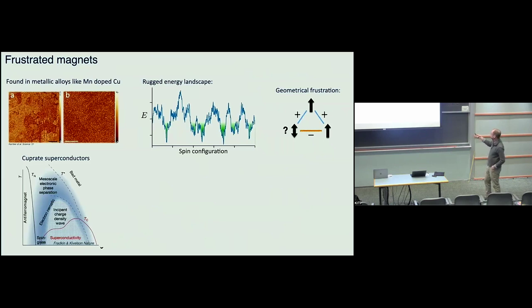If you put up here, then you decide to put up here, this is happy, but then you don't know what to do with this vertex, because with respect to here, you'd also want to be up, but then that makes this linkage not happy. So what that means is that you get a proliferation of degenerate states where up or down is equally good, and that leads to landscapes like this.